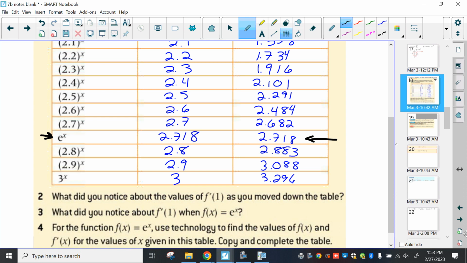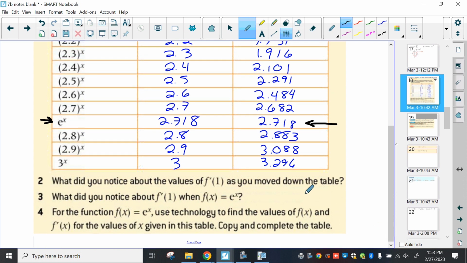So when f of x equals e to the x, f prime of 1 is exactly the same thing as f of 1.